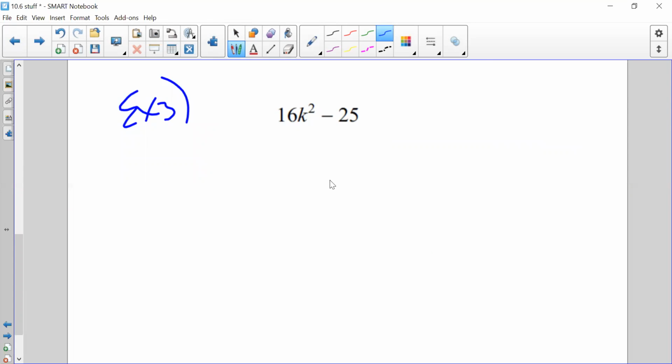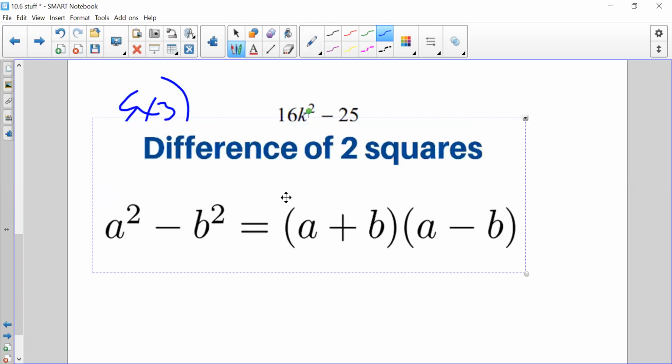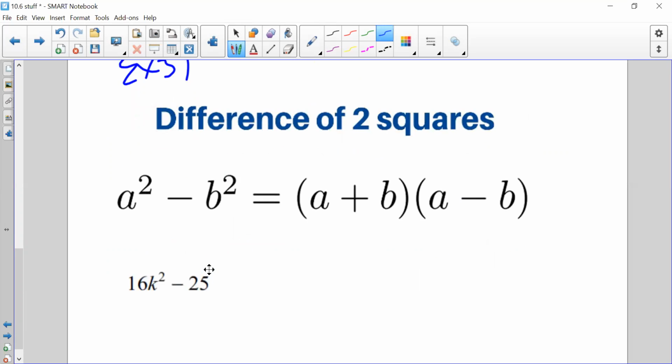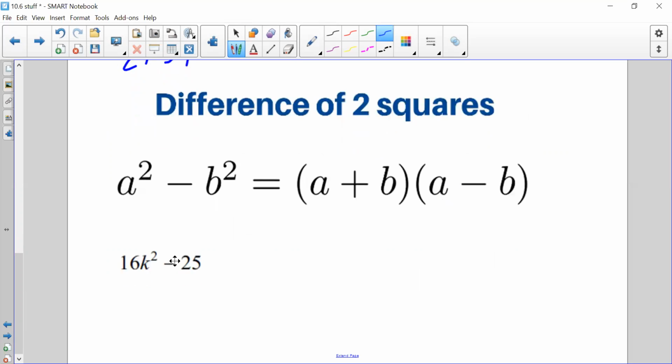All right. Does 16k squared minus 25 follow this pattern, a difference of two squares? I think it does. Watch. I can definitely rewrite 16k squared as a squared, something to the second power. And I can definitely write 25 as something to the second power for my b squared.